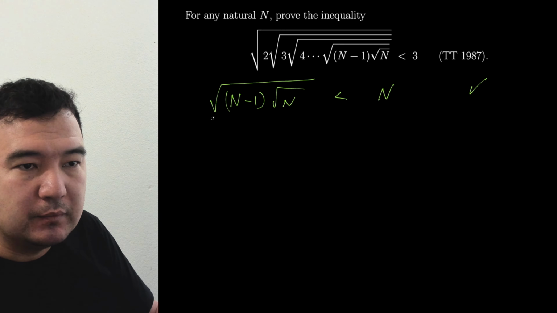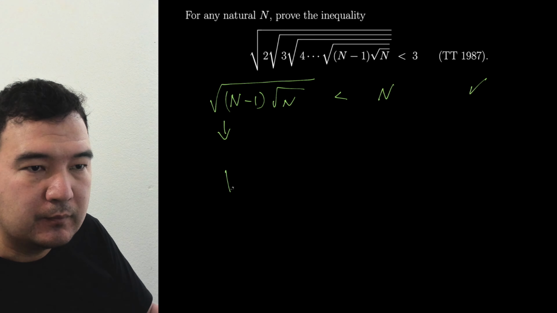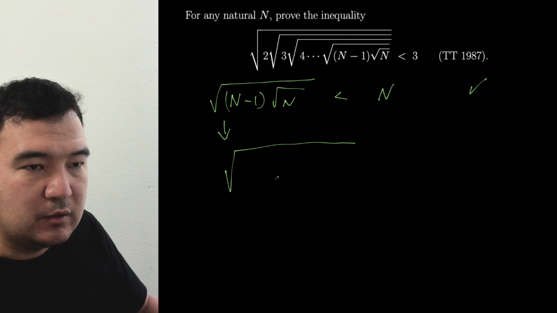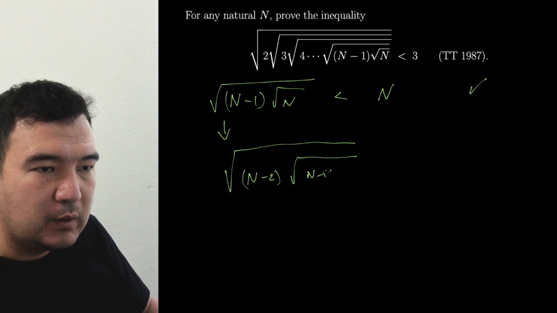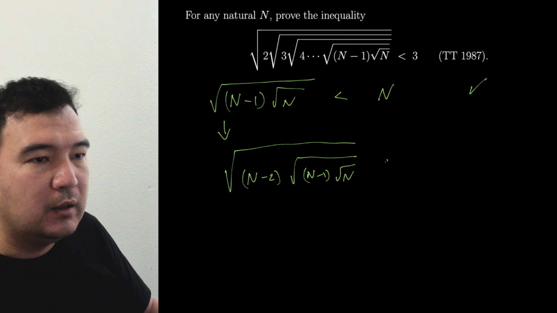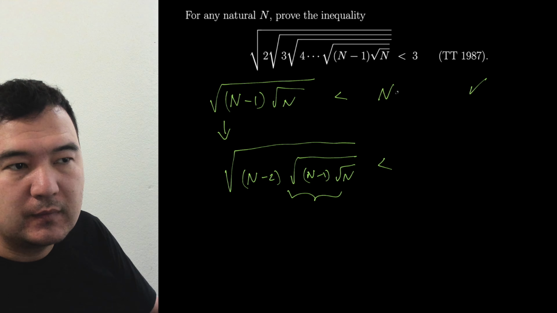The next one. If we start going down, the next expression is going to be n minus 2 multiplied by n minus 1 multiplied by square root of n. And this part is less than n.